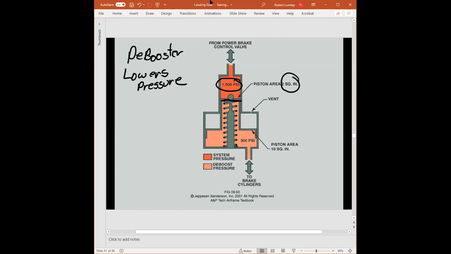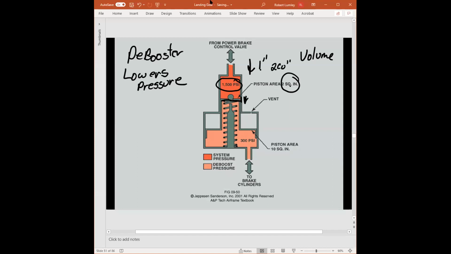Okay. We now have to look at the volume. When this moves down, and let's say this moves down 1 inch. When we go 1 times 2, we have a total of 2 cubic inches of fluid or movement downward.